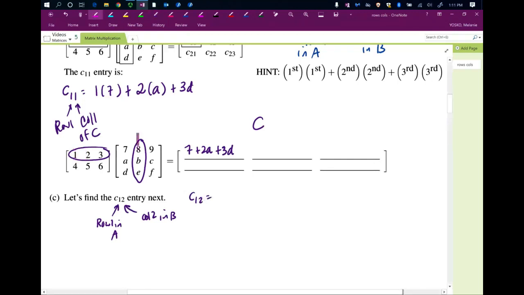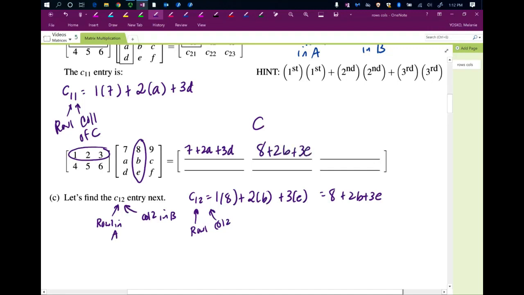So the first times the first, you get an 8. 1 times 8 plus the second times the second, 2 times B, plus the third times the third. Okay, so you go with 8 plus 2B plus 3E, and where does that go? That goes in row 1, column 2. So that goes right here, 8 plus 2B plus 3E.